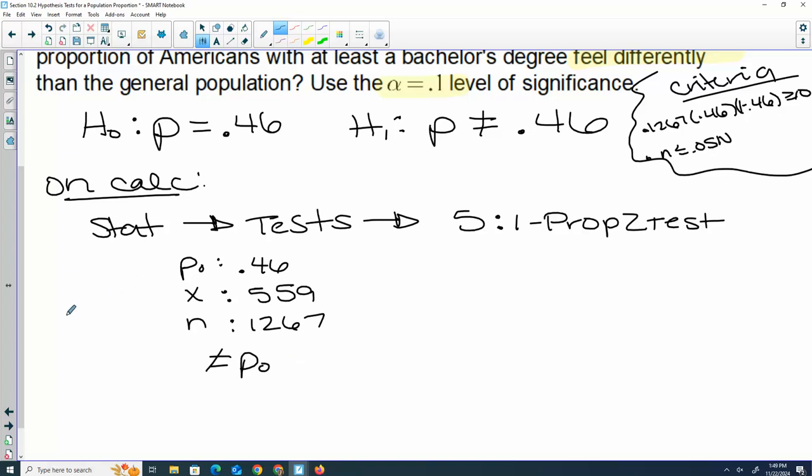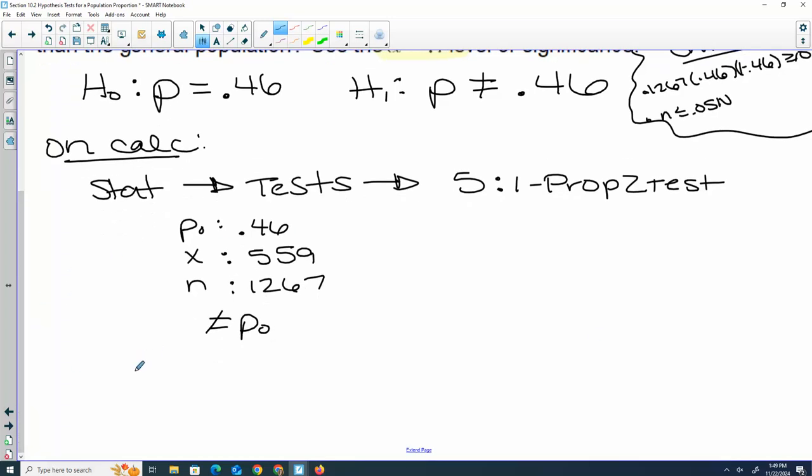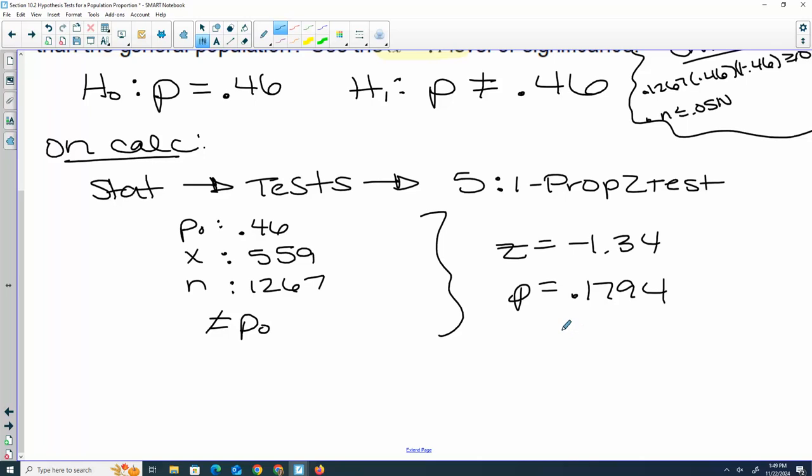And it tells us, it says your z is negative 1.34. Probability is 0.1794. Did everybody get that? So what I'm really interested in right here is this probability.